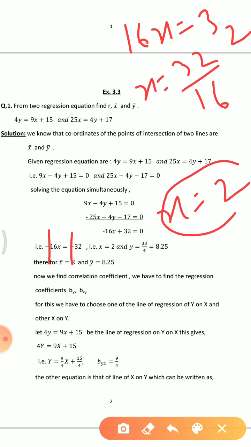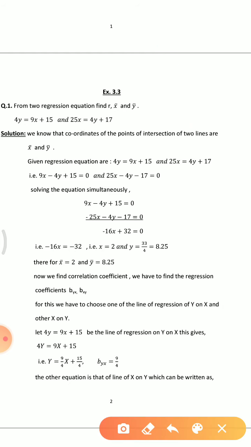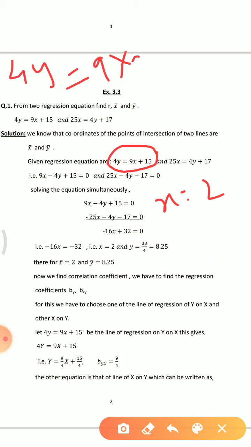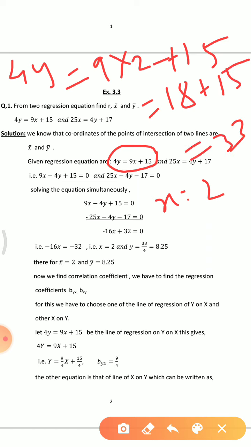Using this, we find the value of y. Substitute x = 2 in this equation to find y. That is 4y = 9 into 2 plus 15, which is 18 plus 15, equal to 33.